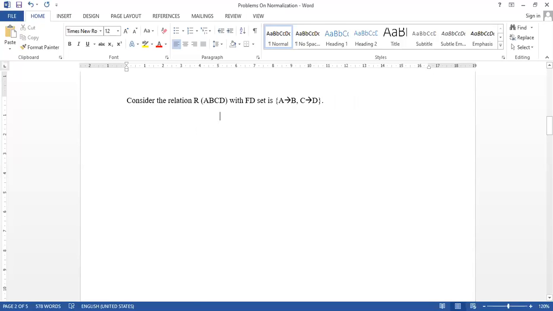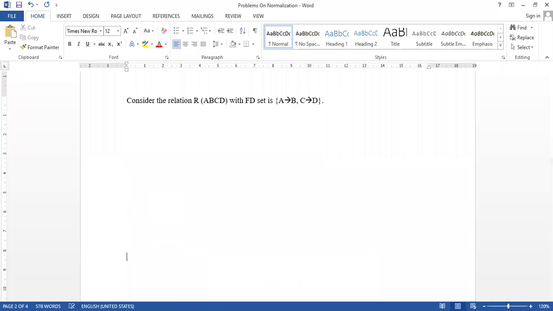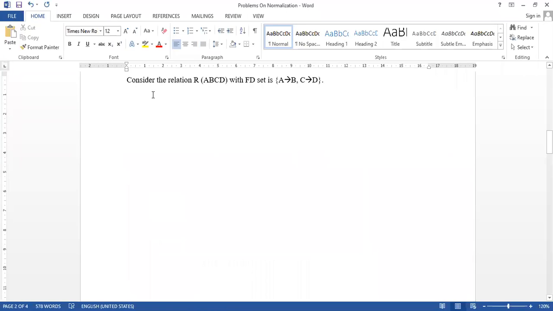So how to find the candidate key? First we have to find out attribute closures, right? First find the attribute closure. So A closure.